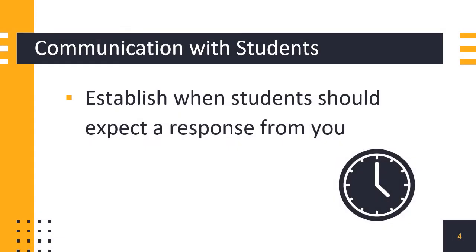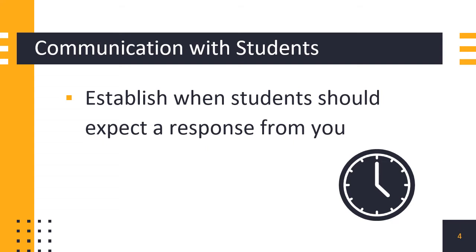The next thing is to establish when students should expect a response from you. And of course, this is going back to managing expectations. Students today who use a lot of social media and instant communication expect responses almost immediately. There have been times when they could send an email to an instructor and get agitated if they don't get a response within an hour.